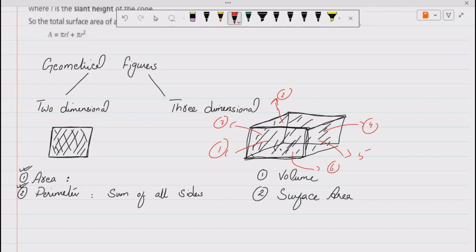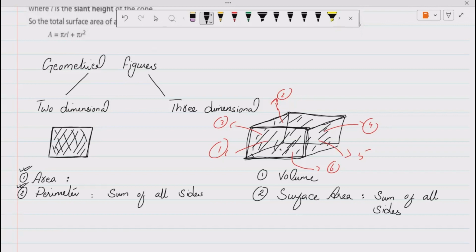The surface area is actually the area of all of these, the sum of all sides. This cube has 6 sides, 6 squares, so when we sum the area of all these squares, it gives us the surface area.